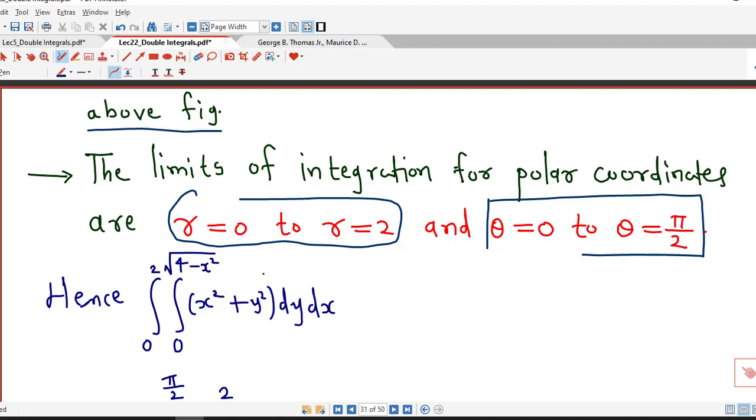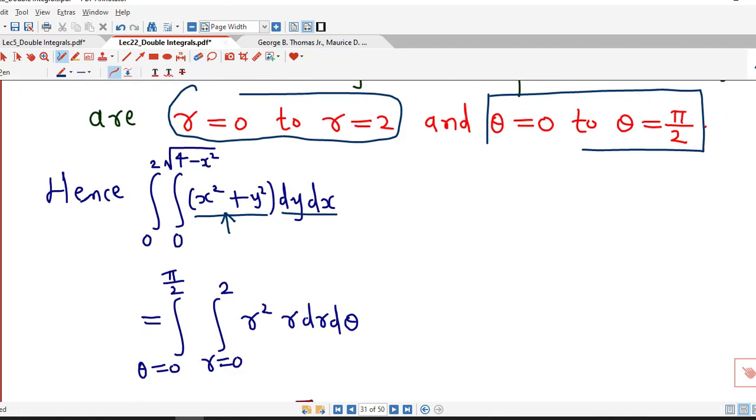So now this is our integral x square plus y square dy dx. Y is from 0 to under root 4 minus x square, x is from 0 to 2. So x square plus y square is nothing but r square, and dy dx is r into dr d theta.